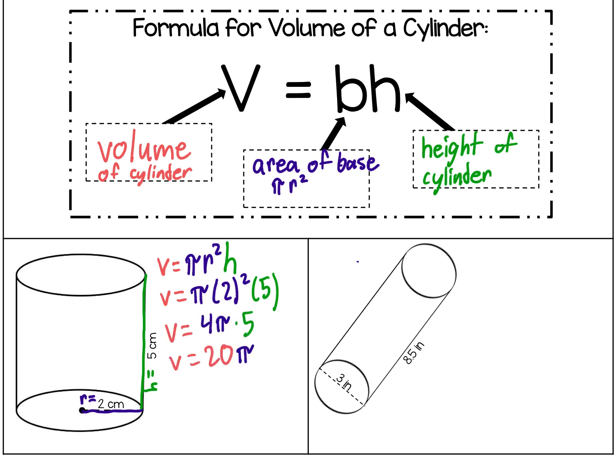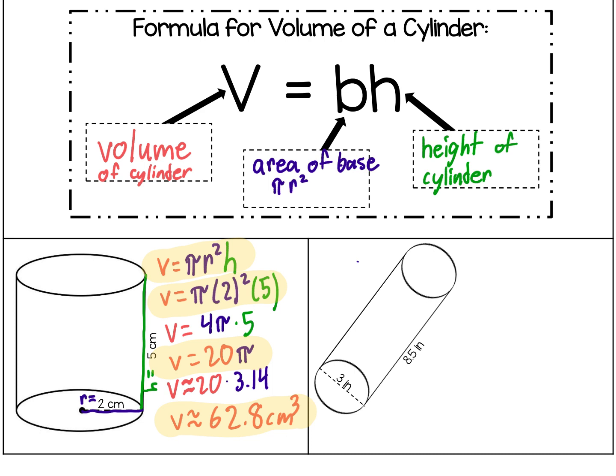Since 2 squared is 4 and 4 times 5 is 20, we now have V is equal to 20 pi. Since we know that pi is about 3.14, we can multiply 20 by 3.14 and get a volume of approximately 62.8 cubic centimeters for our cylinder.